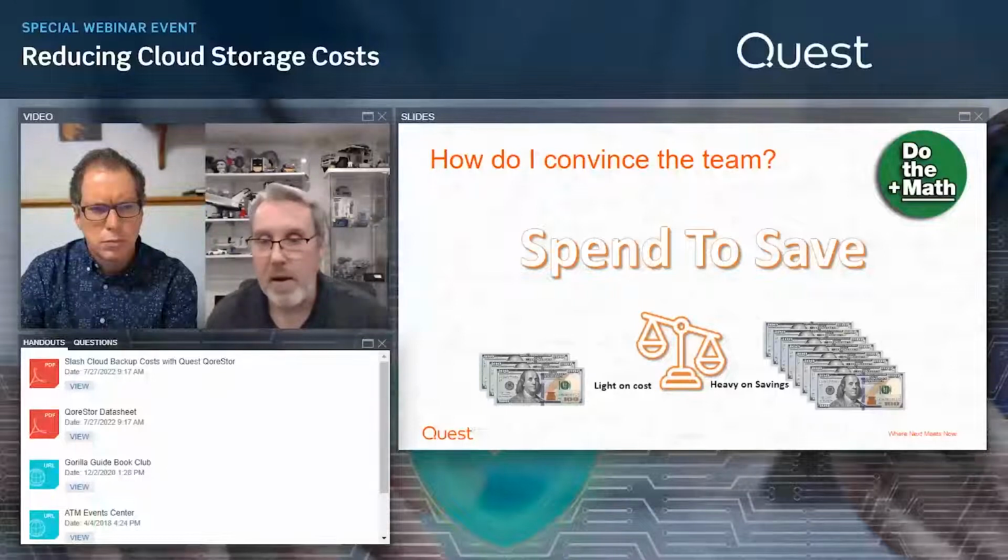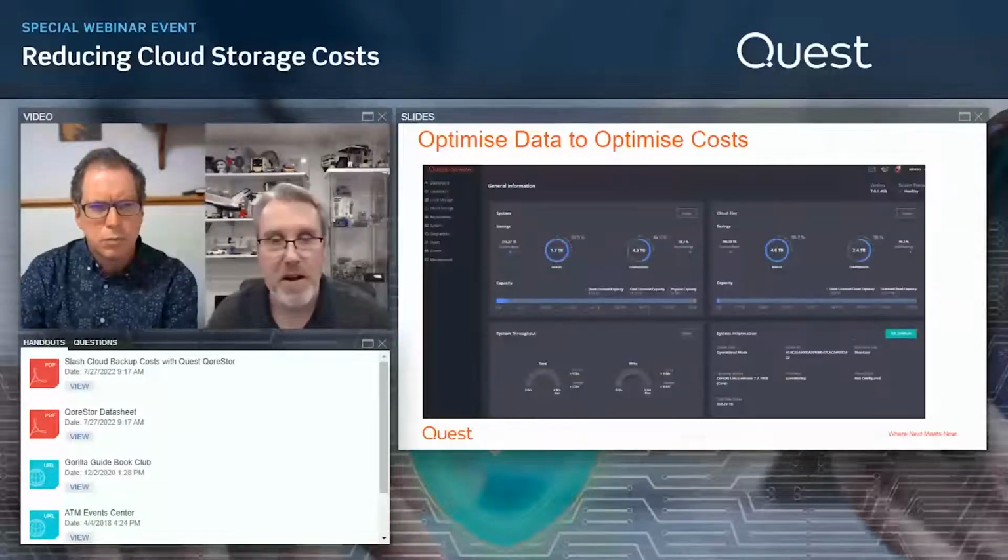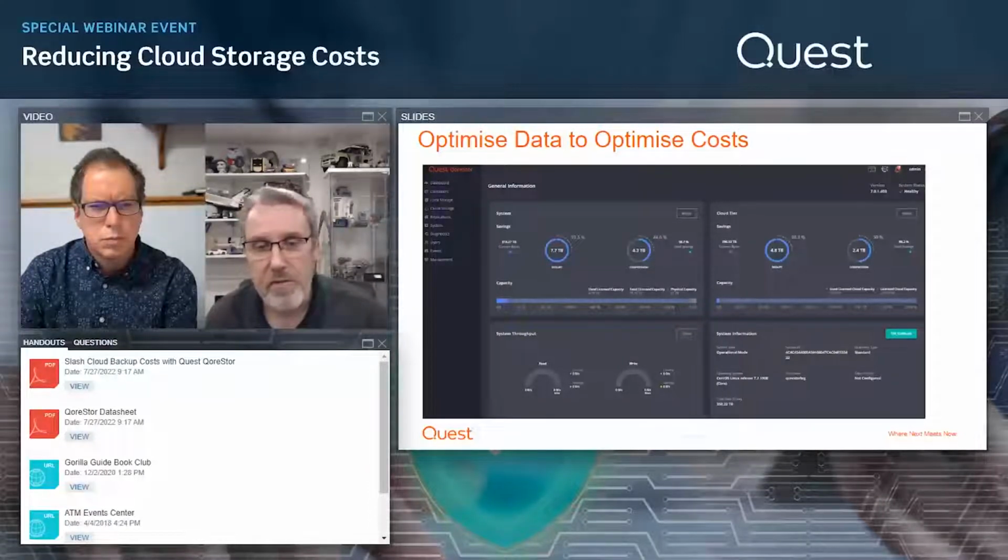So I'm going to give you a little run through, and take you through the savings part of this. I'm going to put some real numbers up on the screen. This is a snapshot of the user interface of CoreStor. This is one that we have running all the time. It sits there, and we ingest data into it on a regular basis.